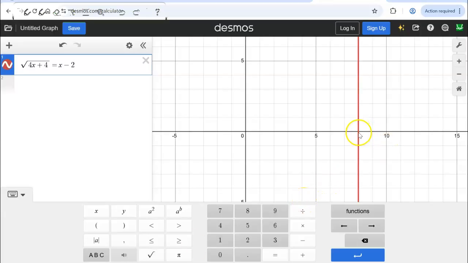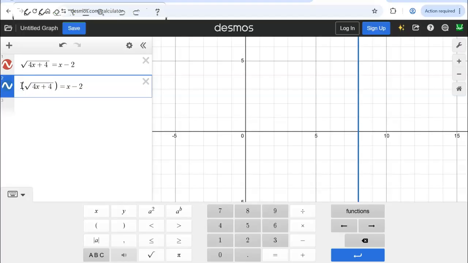Now this 8, it's not an extraneous solution. This is a solution. Now the other point that did not work, that did not make the function true, you are going to copy this function, plug it in, and put squares around it to be able to view the other function. Okay?